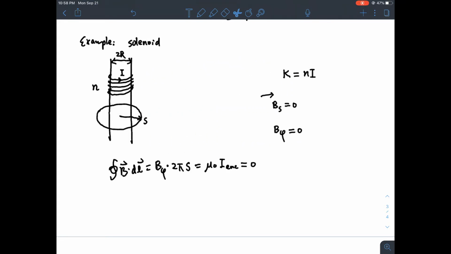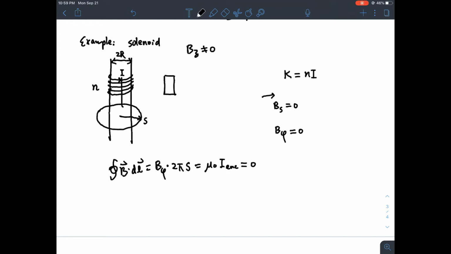So now let us move this a little bit farther away. This is what we have: B_s should be 0 and B phi equals 0. Then what we really want is the Z component, so B_z must not be 0. Then how do we figure out this value? Let us define a loop outside first.